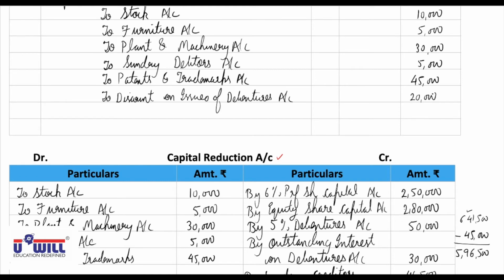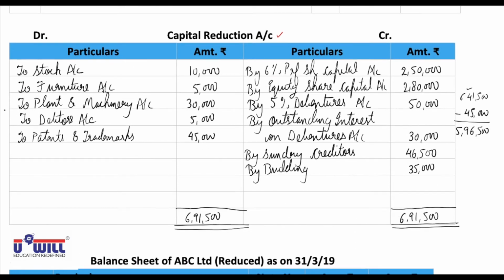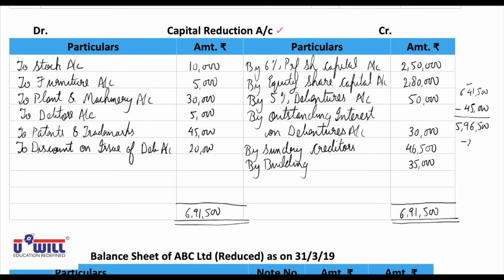Even in capital reduction debit side, to discount on issue of debentures account 20,000. If you further subtract this 20,000, directly in the calculator do minus 20,000, then you'll find 5,76,500 is still remaining.